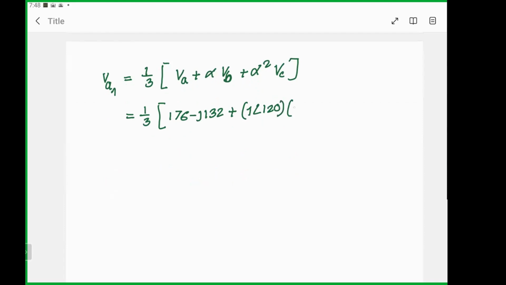Can somebody tell me the polar form of this one? 160 angle of minus 143.1.